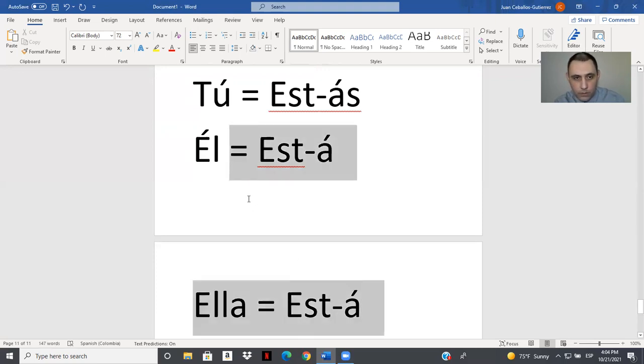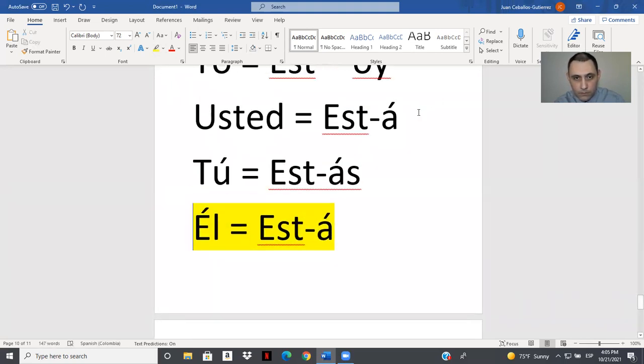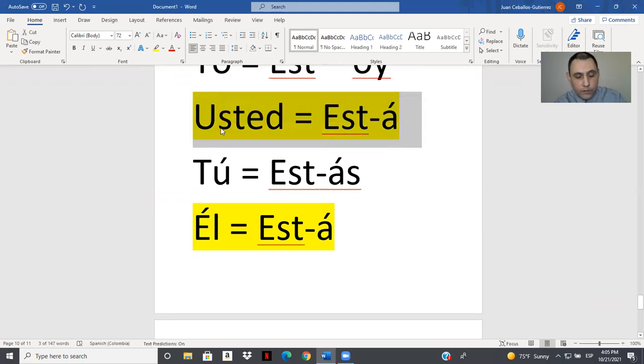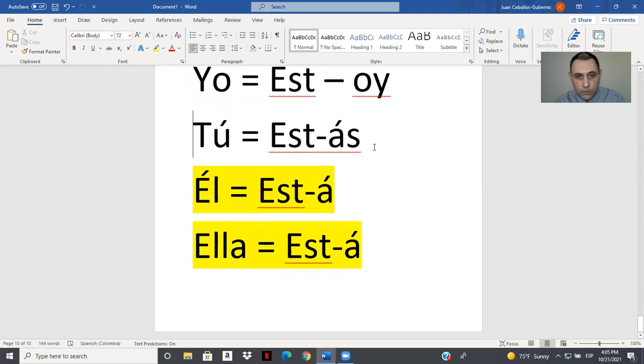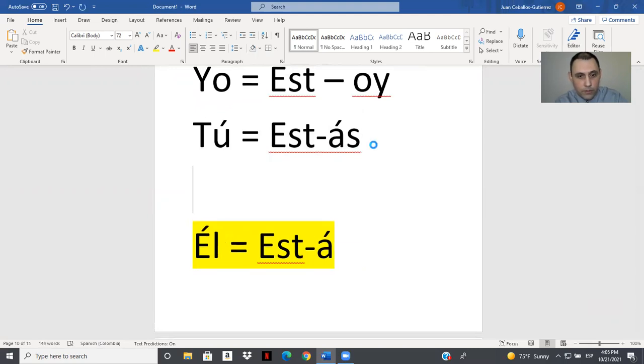Now pay attention to this. Look at these two and look at this one. In fact, let me move it here so you can see.